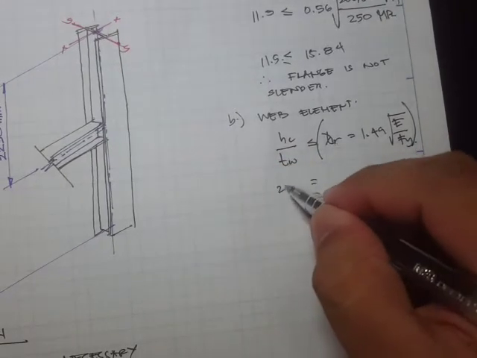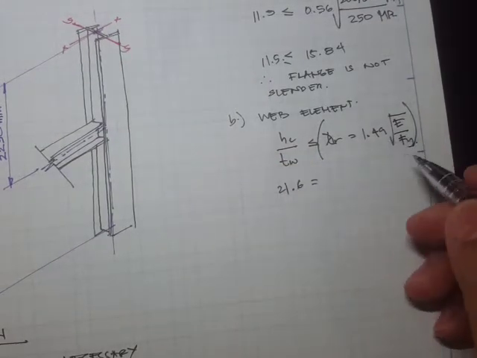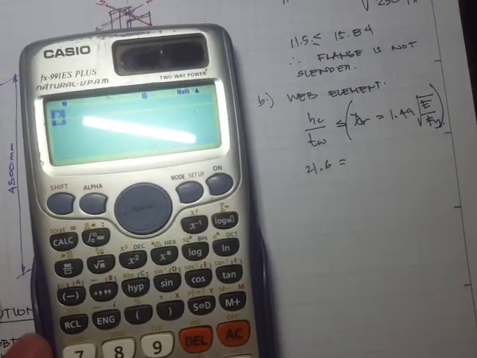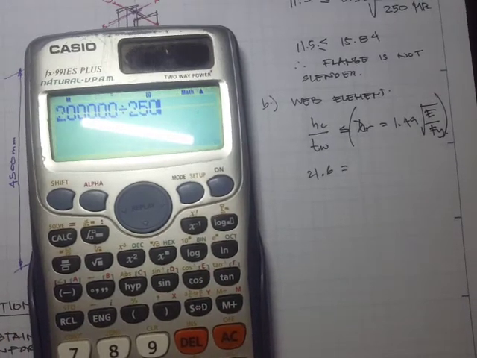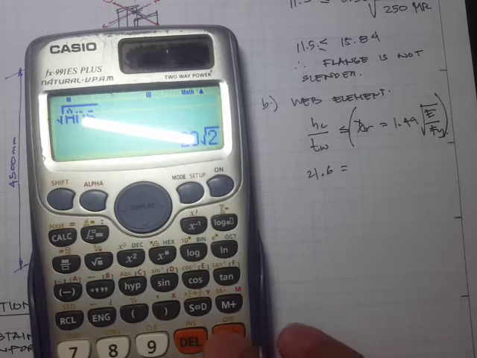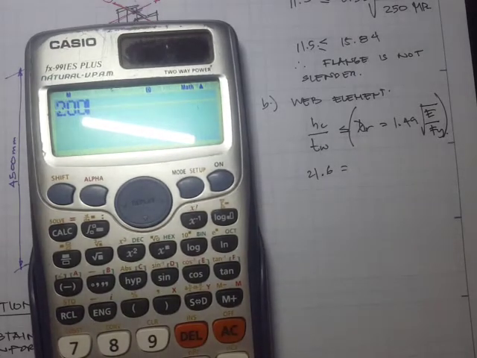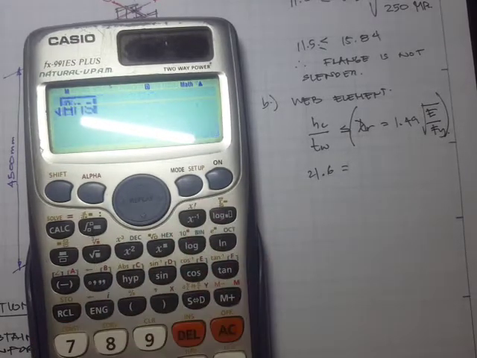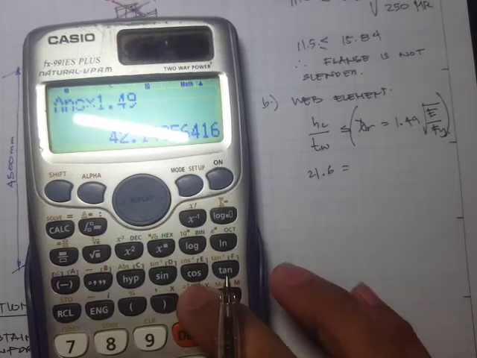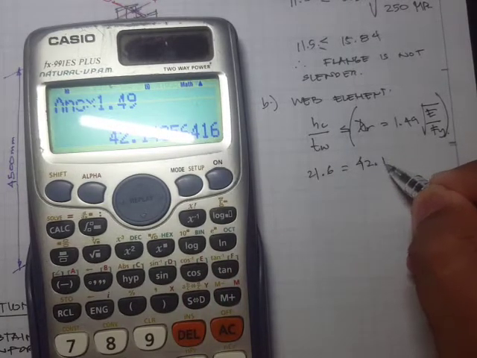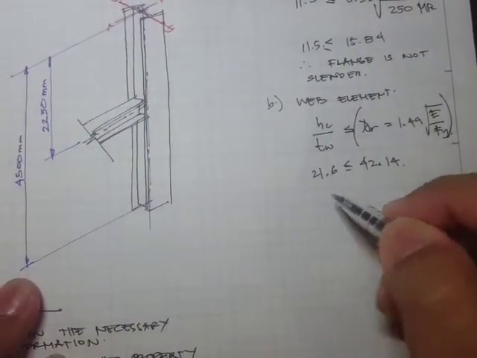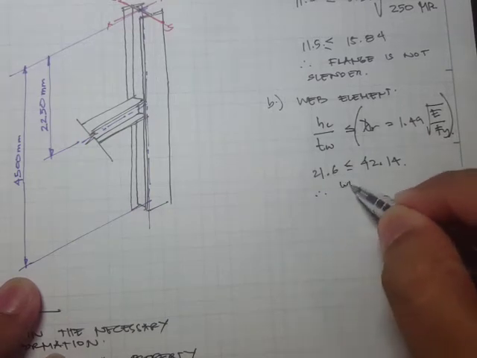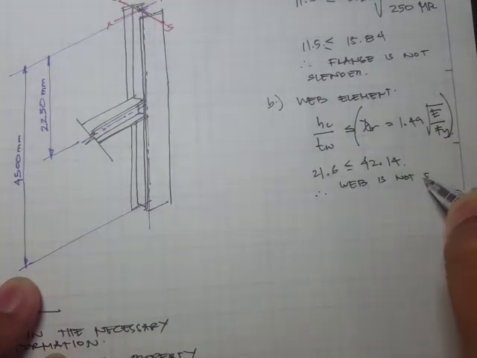It's the same value, 200,000 divided by 250, take the square root, times 1.49. We have 42.14. Therefore, web is not slender.